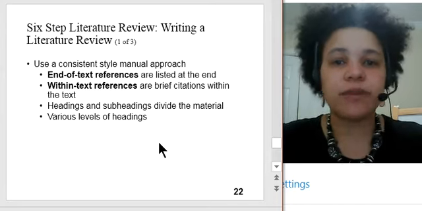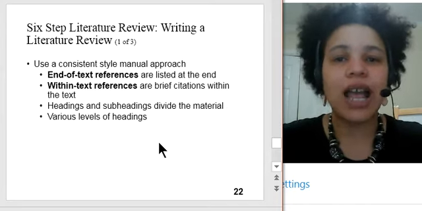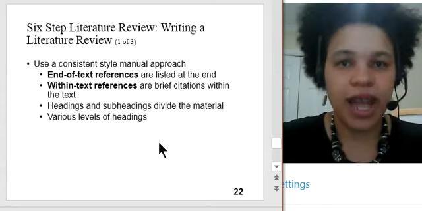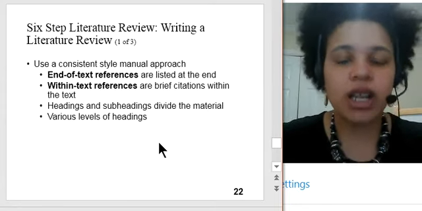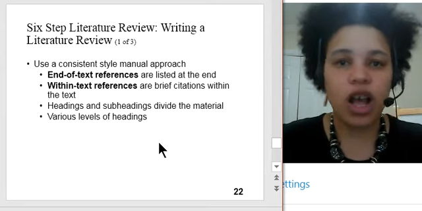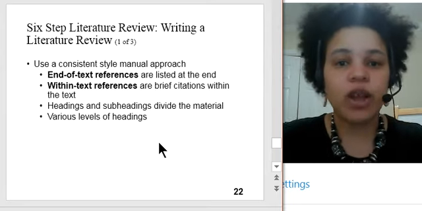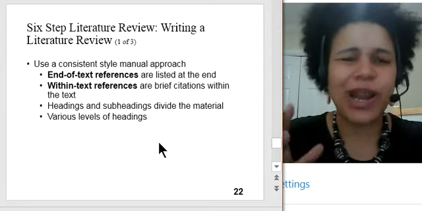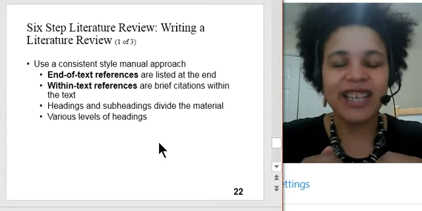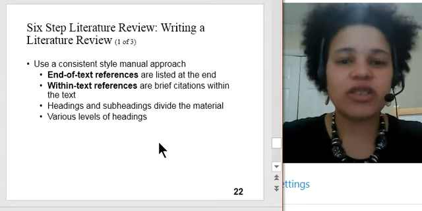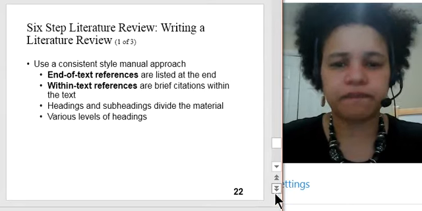Also, headings and subheadings are described. The way we do headings and subheadings is the APA 6th style. That's something you can look up either in your book, which you should probably have, very important, and or look it up online, that kind of thing.